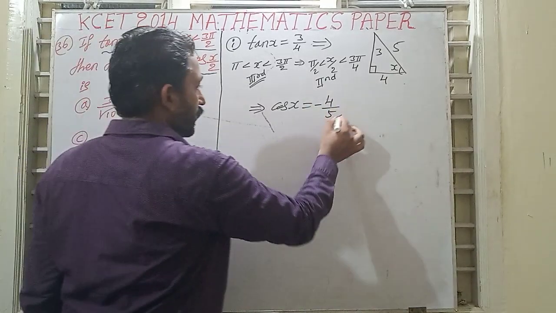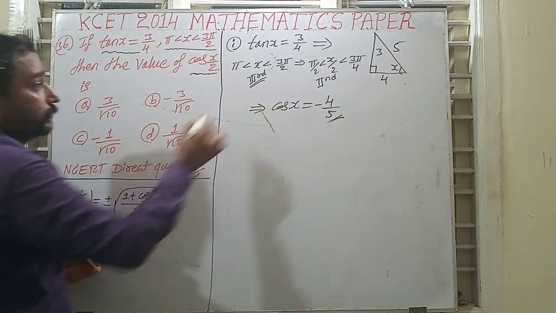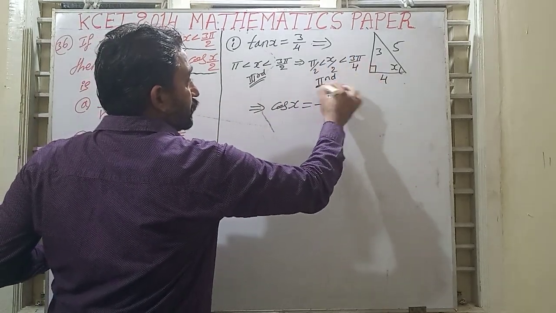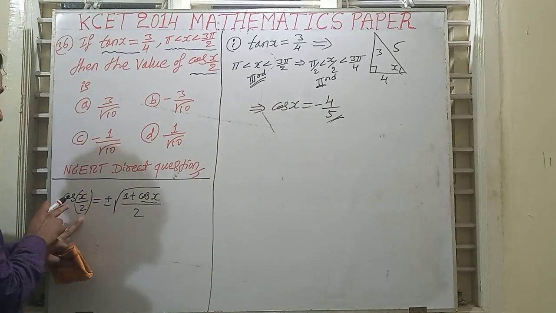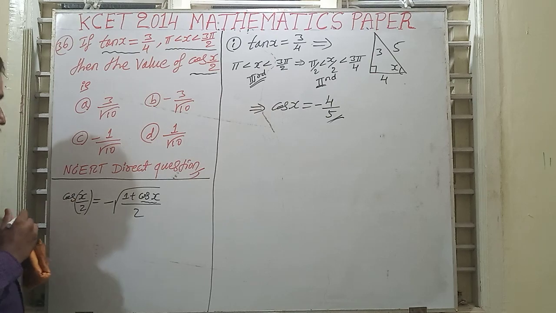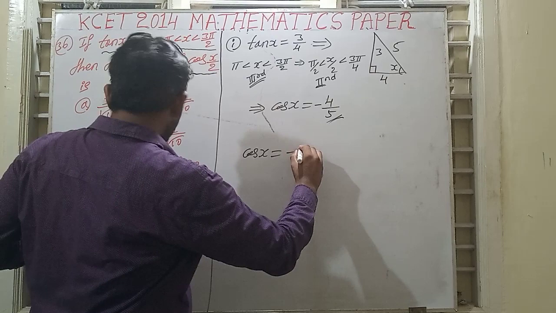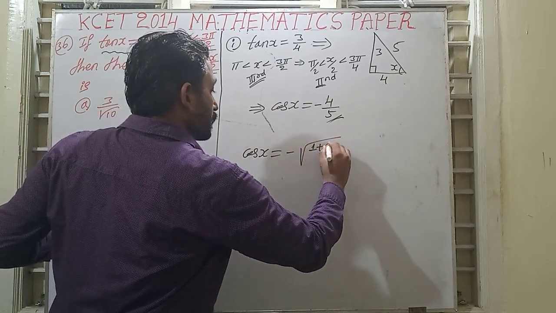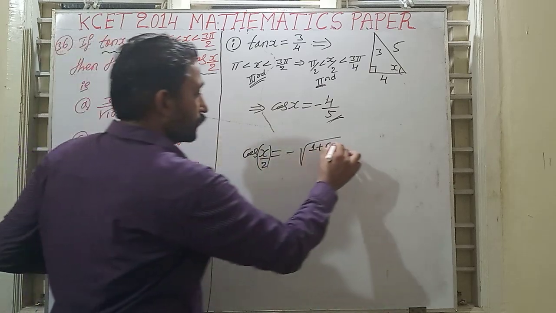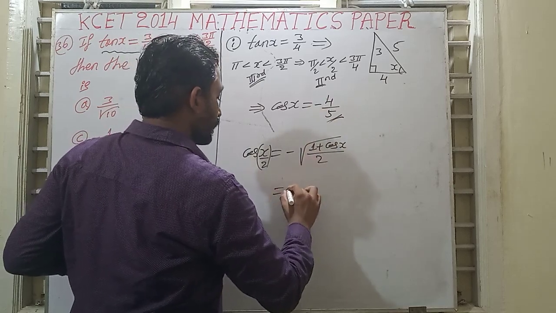So using this value we have to find out cos of x by 2. So in this case for cos of x by 2, here x by 2 lies between pi by 2 to 3 pi by 4, nothing but second quadrant. In second quadrant once again cos is negative. So we only take negative values. Okay. So cos of x by 2 is equal to minus square root of 1 plus cos x divided by 2. So substitute the value of cos x, we get the required answer.